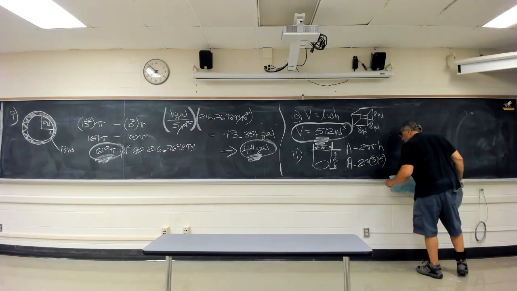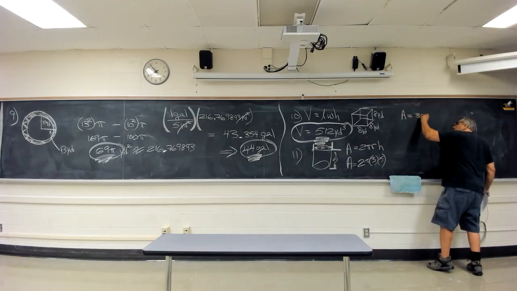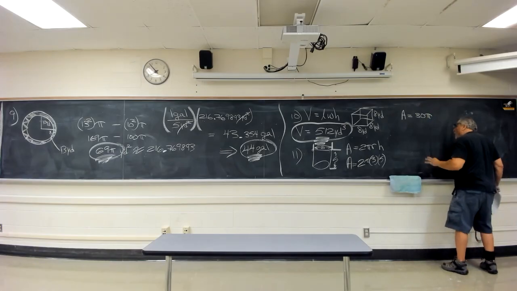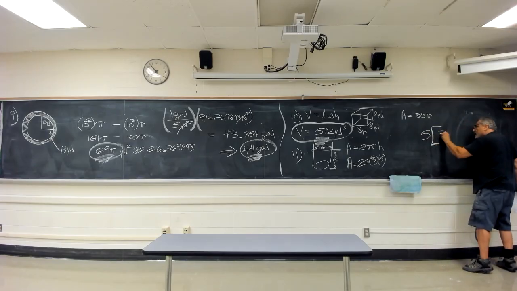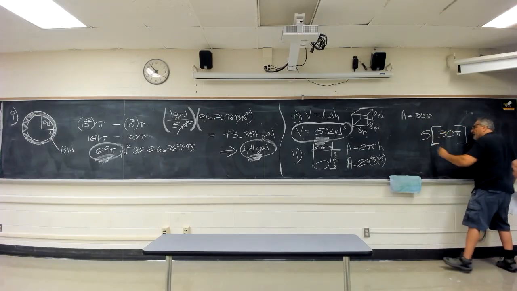We got 2 times 3 is 6, times 5 is 30. The area is 30 pi, and that's just for one of them. You're going to do 5 times that to find out what the total area is going to be.